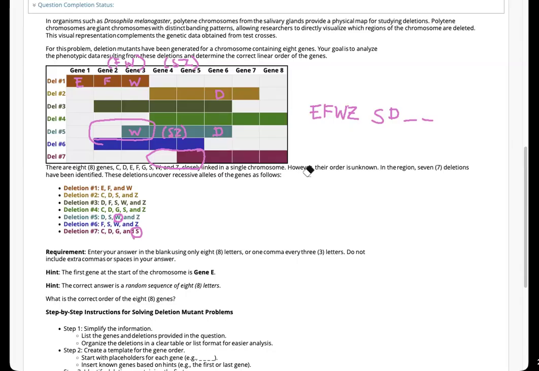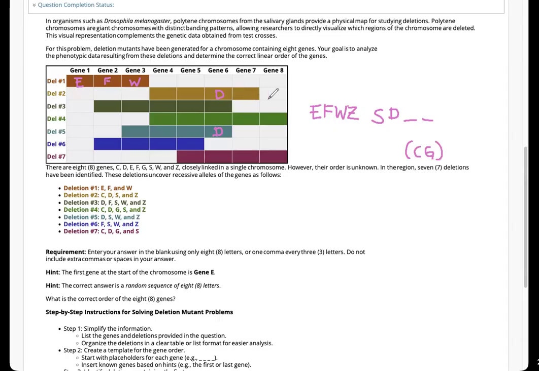All right. So now we have 2 more letters to determine. Which 2 letters do we need to know? Well, what 2 letters do we have left? We have a C and we have a G. So it's a C and a G, either just gene 7 and 8.